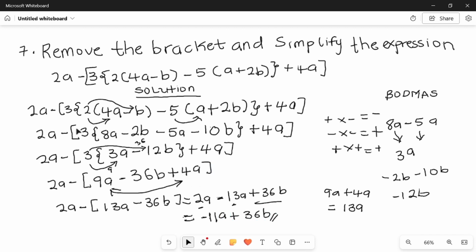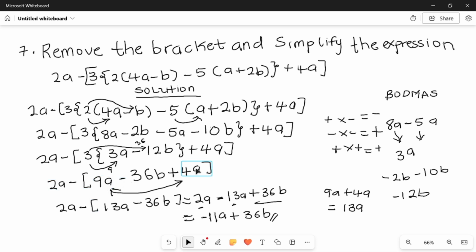So how do we do it? First of all, we open this bracket. After that, we rearrange, collect like terms, and we are left with 3a minus 12b. Then we use 3 to multiply everything inside the bracket. After that, we remove the bracket and add this plus 4a that was left. So we had this. Then, first of all, we collected like terms.